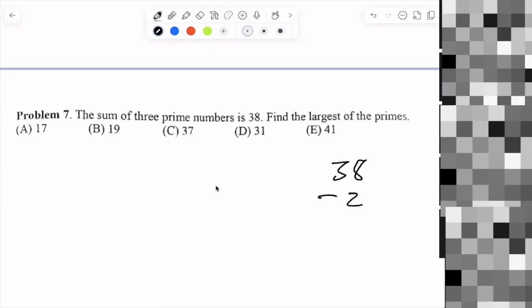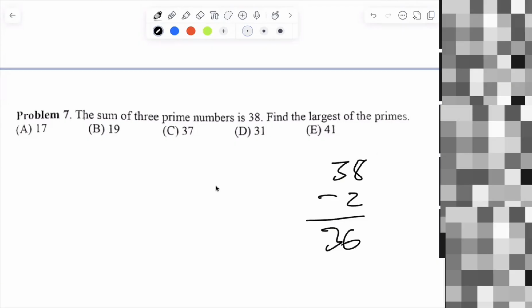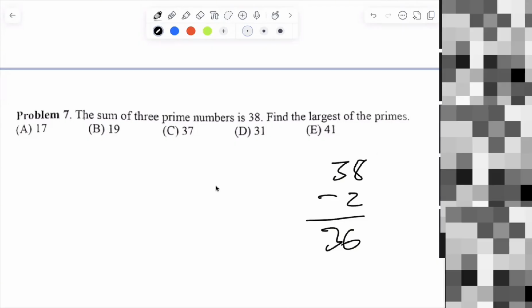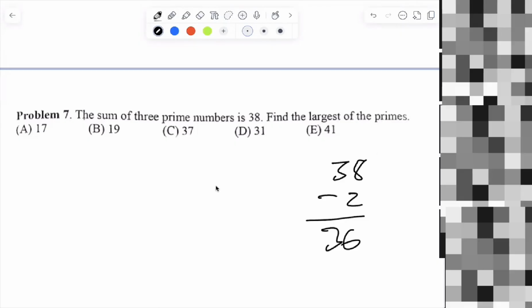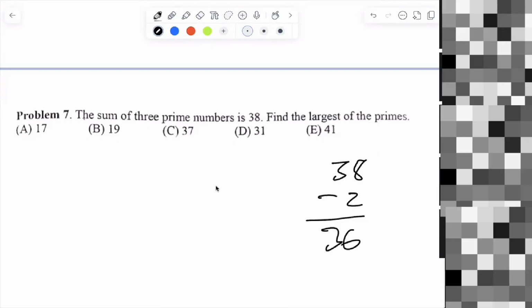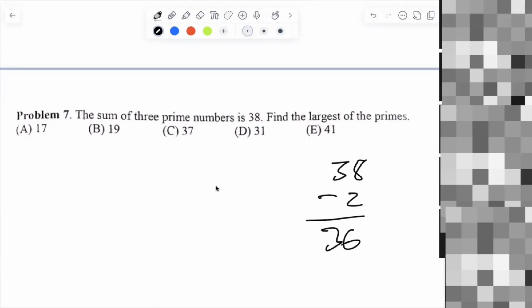38 minus 2 is just 36. Now, what prime numbers can we get such that if we add them up, we get 36? Or the sum of two prime numbers? Well, since we want to find the largest of the primes, it's pretty obvious. We can go from 3 and then go to 5 and so on.